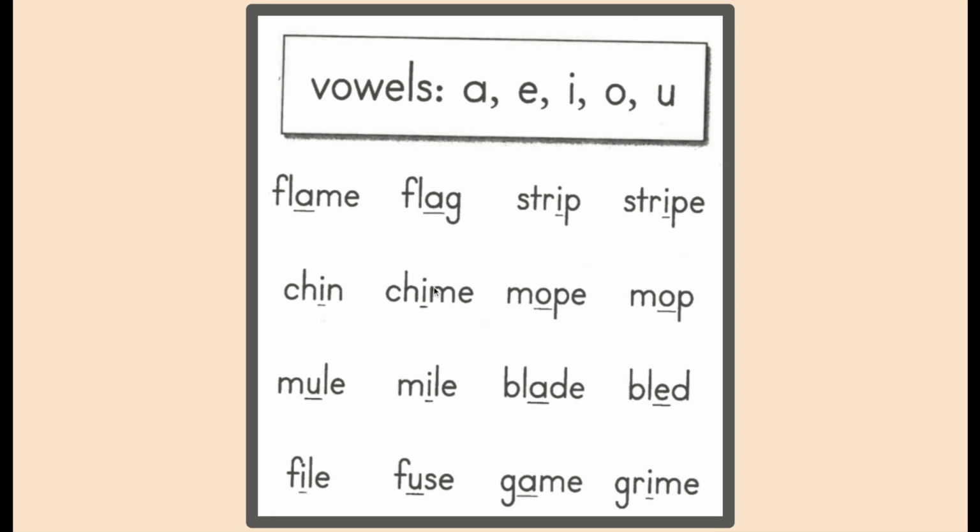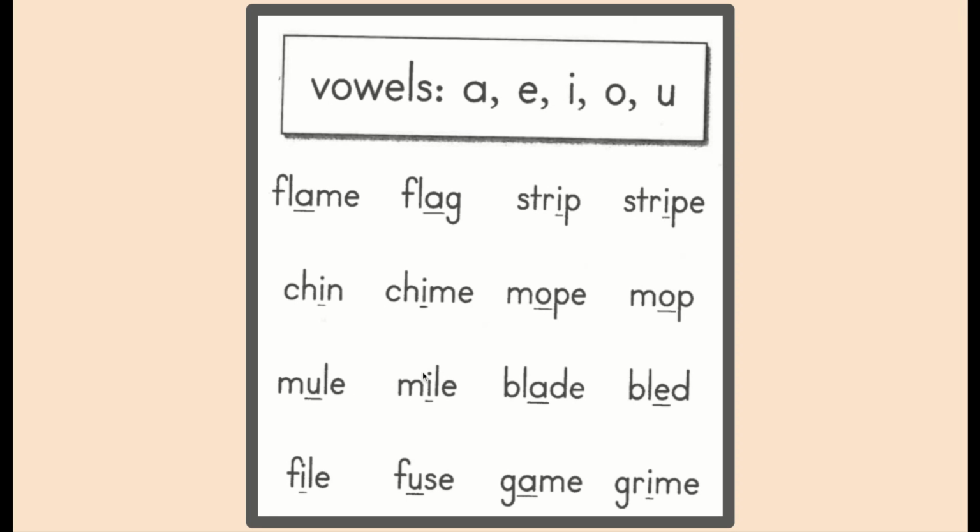E on the end, the vowel says its name, I. Chime. E on the end, the vowel says its name, O. Mope. No E on the end, the vowel says its sound, aw. Mop. E on the end, the vowel says its name, U. Mule.